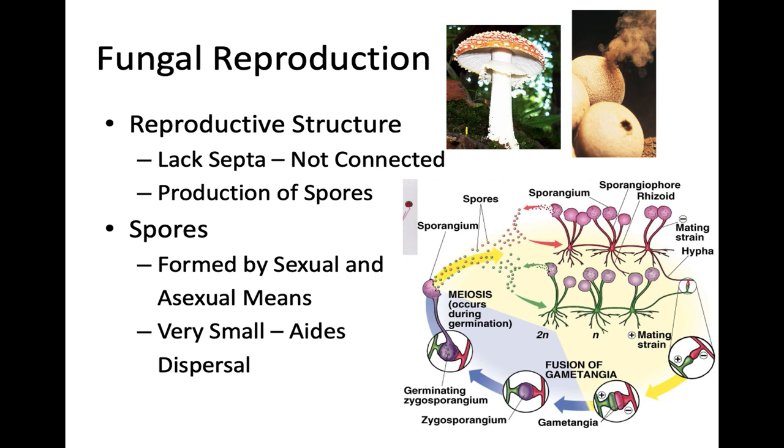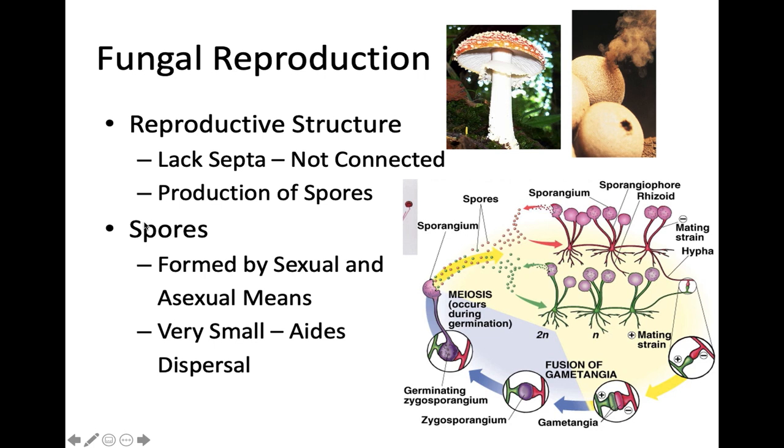So it's important that they are not connected to the rest of it so that they can disperse away from the parent. In fact, these cells will form spores, which are the mechanism by which the cells will be spread. A lot of people have allergies to fungal spores. These are the reproductive structures that are spread by fungi.